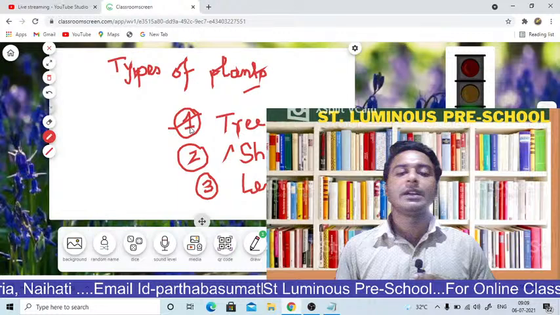So the flower is the modified part of the stem. It develops at the tip of the plant body.